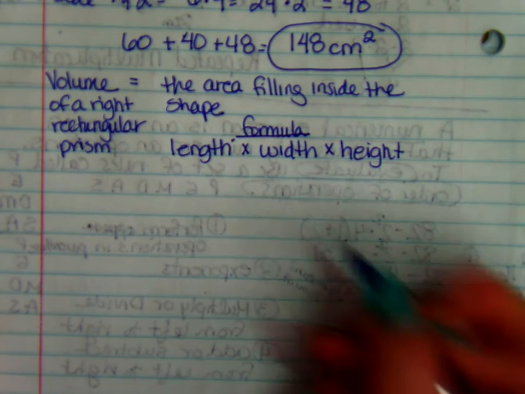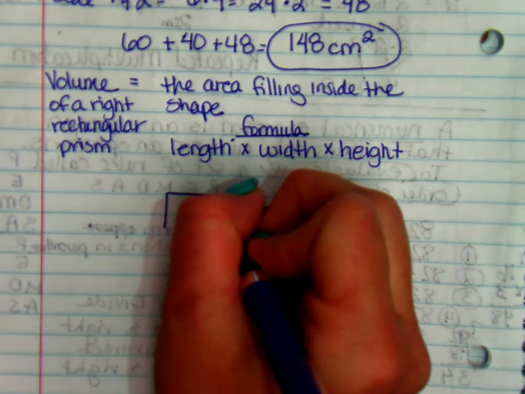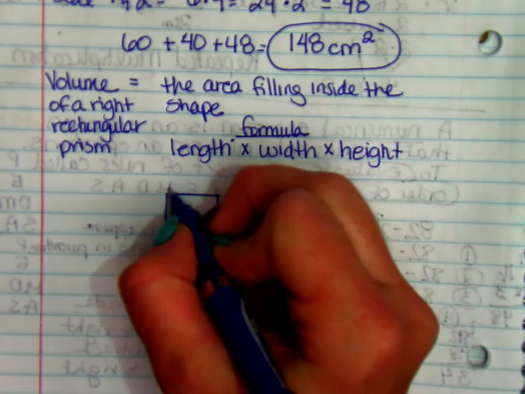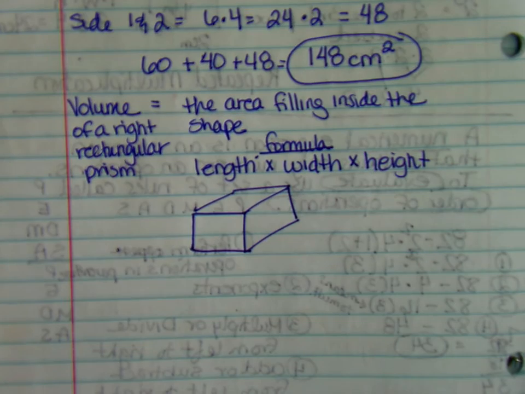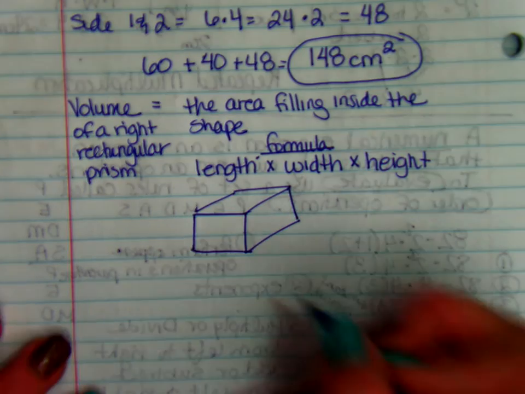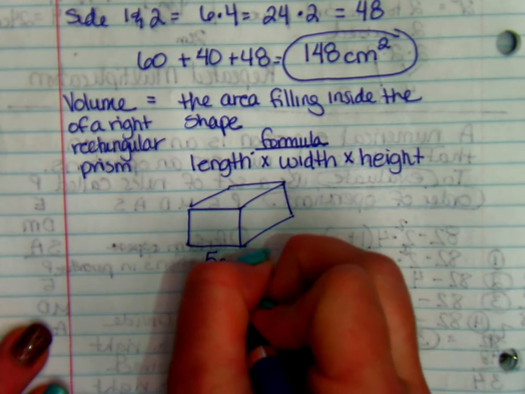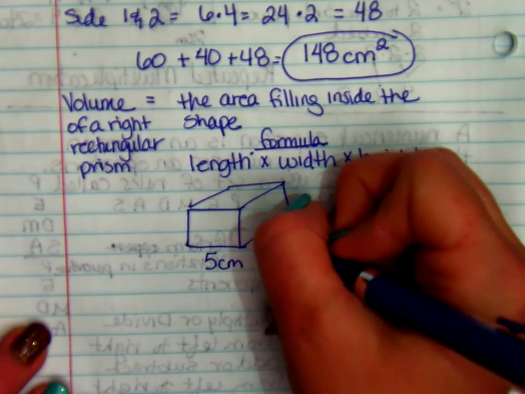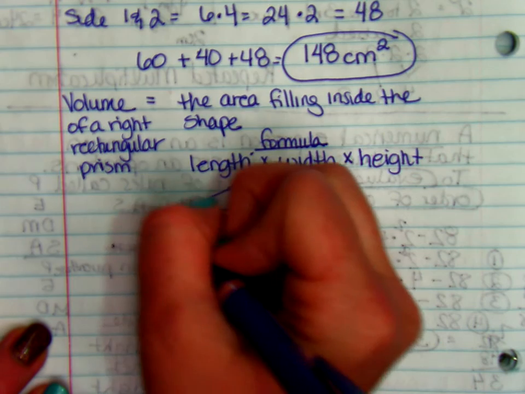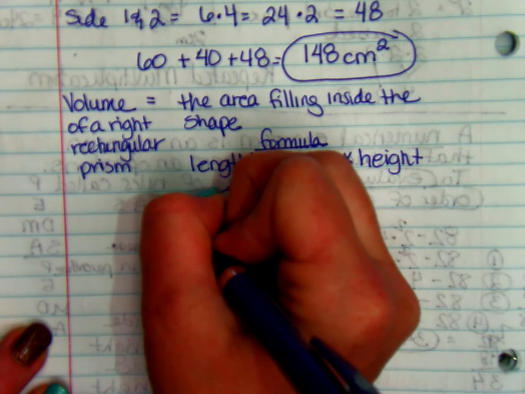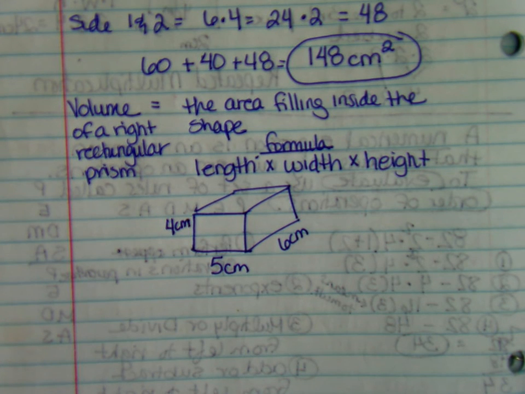So let's do one. Let's make a box. Okay, made my box. Let's have 5 centimeters as this length, 6 centimeters is this length, and 4 centimeters is this length, just like our last box.